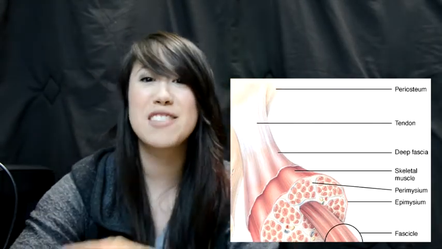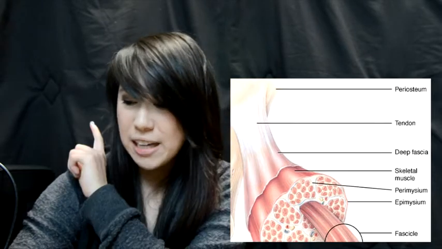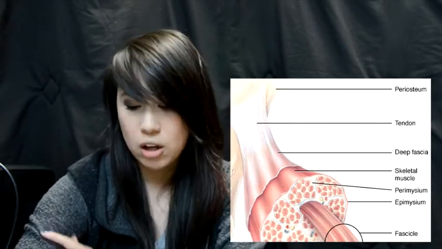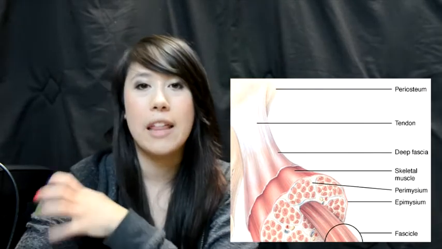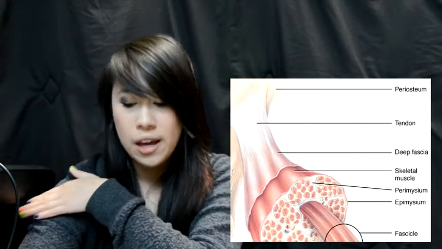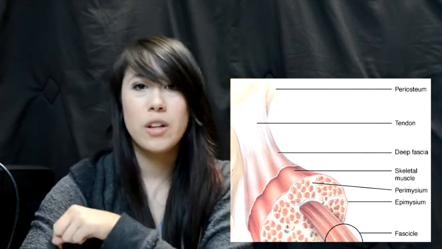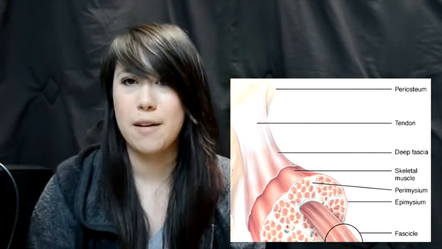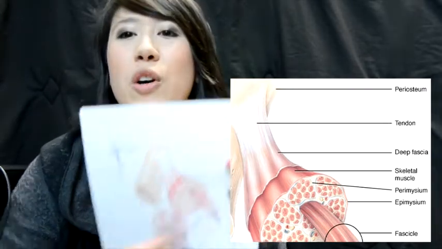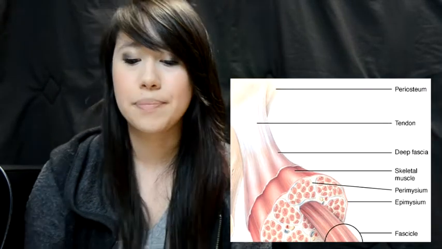Anyways, it is called the fascia, that is continuous with the tendon, which is connecting the bone and muscle, to the periosteum. You can see that here. There's a good picture of it here.